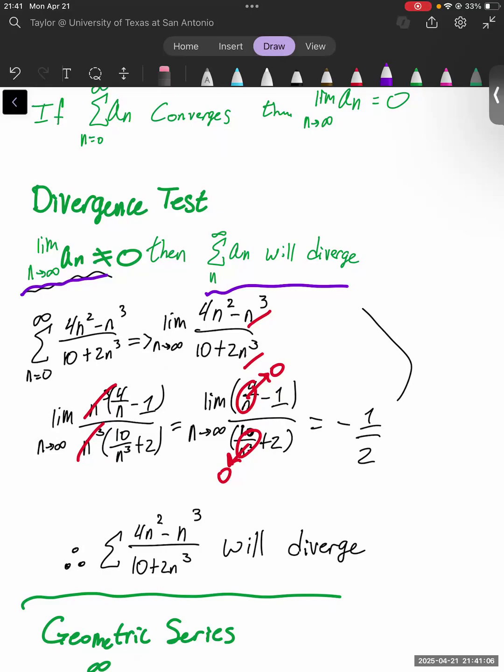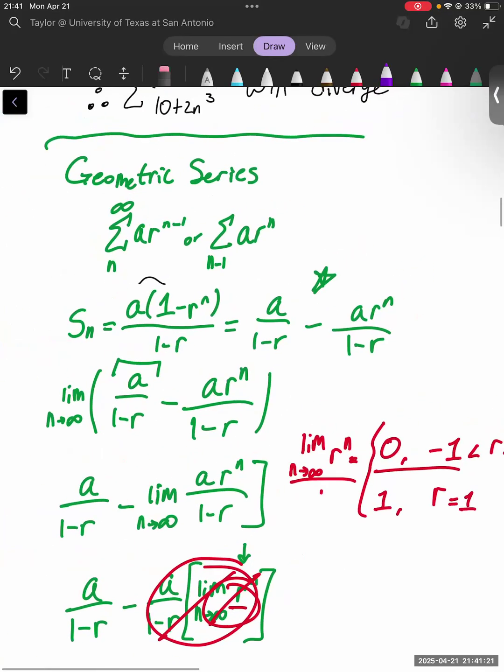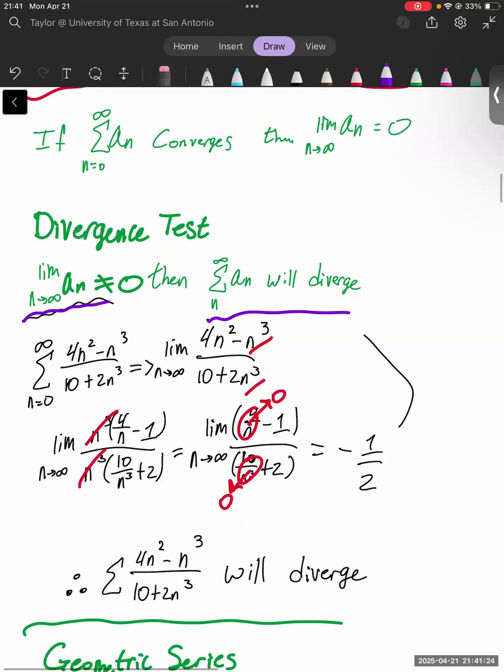Okay, so our first example here is the series of (n squared minus n cubed over 10 plus 2n cubed). What I can go ahead and do is just evaluate the limit.